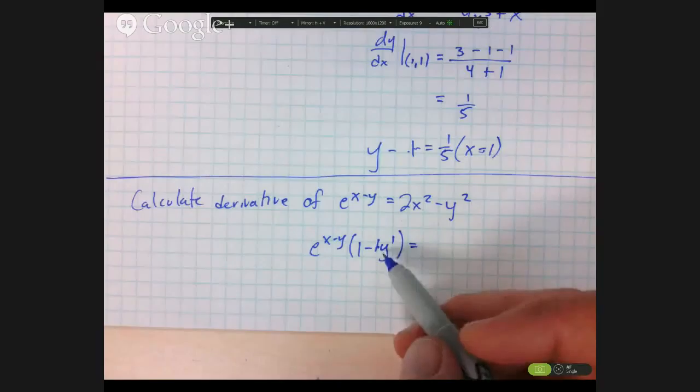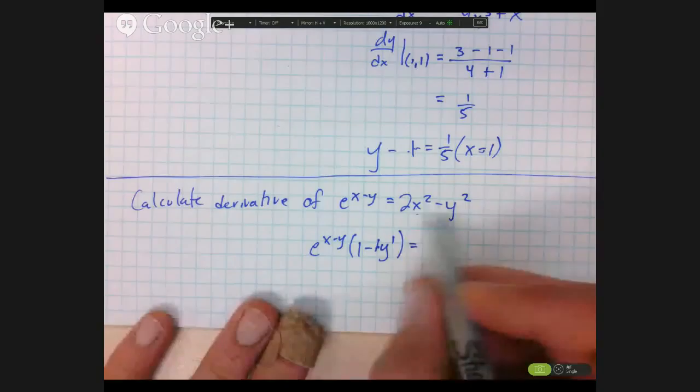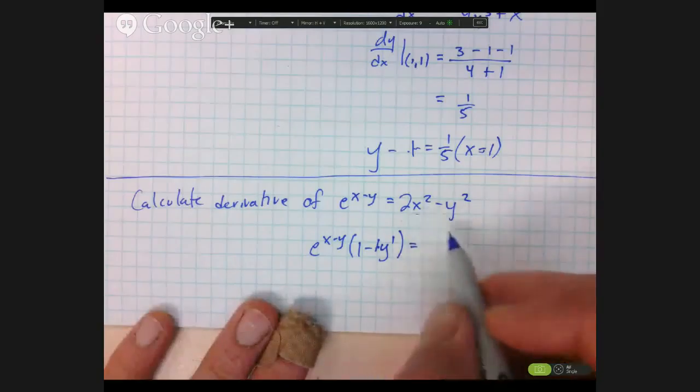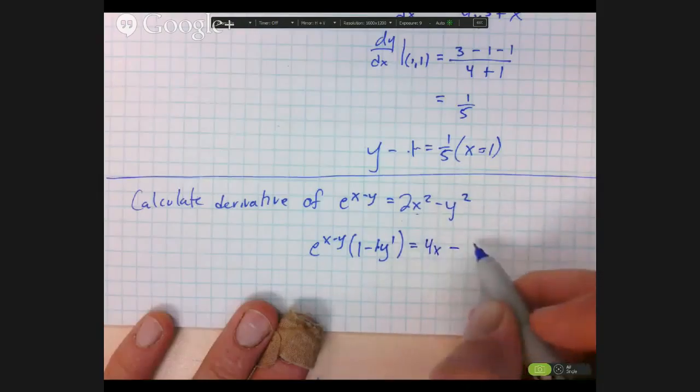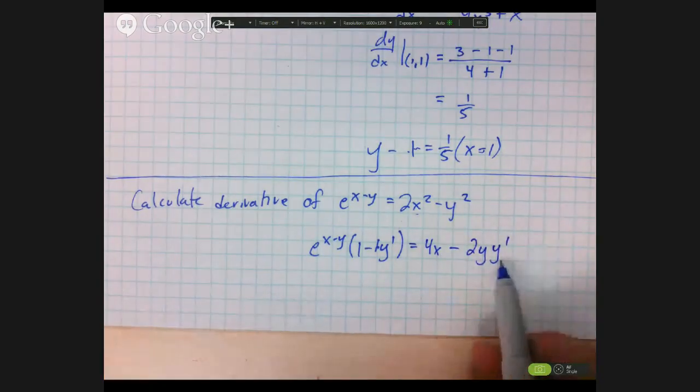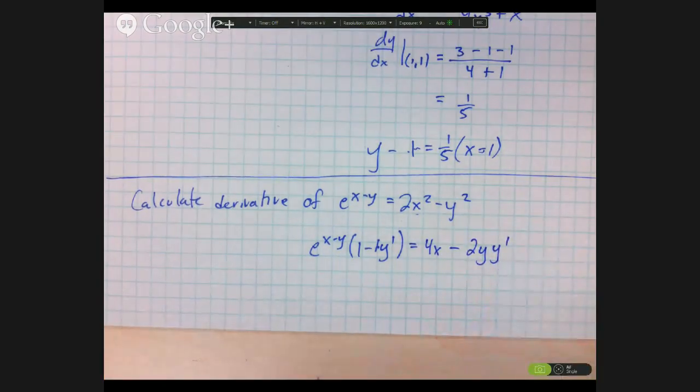Then the derivative of 2x squared with respect to x, 4x, minus 2y y prime. You can solve for y prime if you want to. I prefer dy dx because it's more obvious where the derivative is.